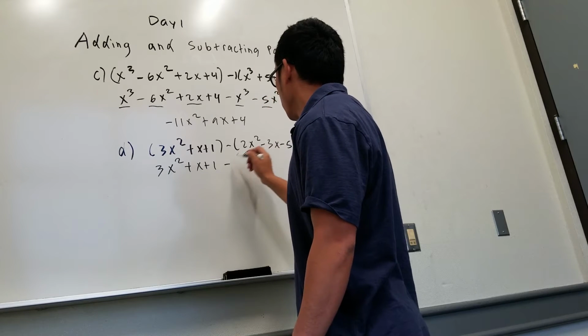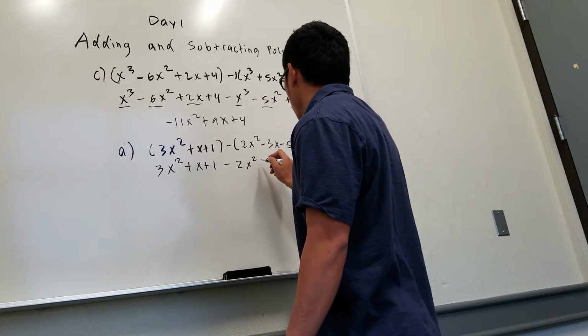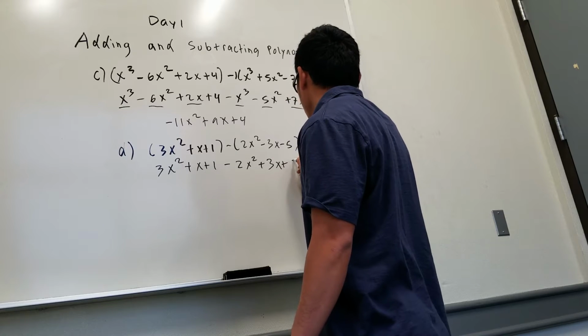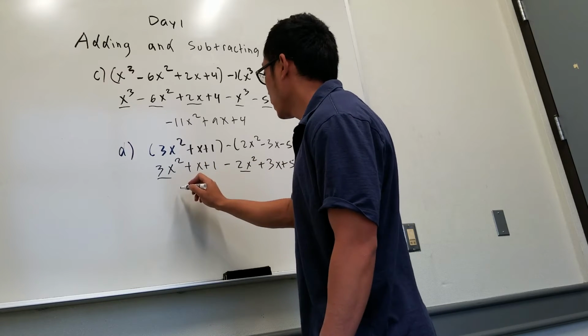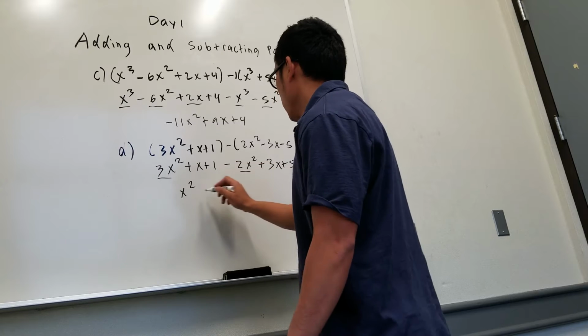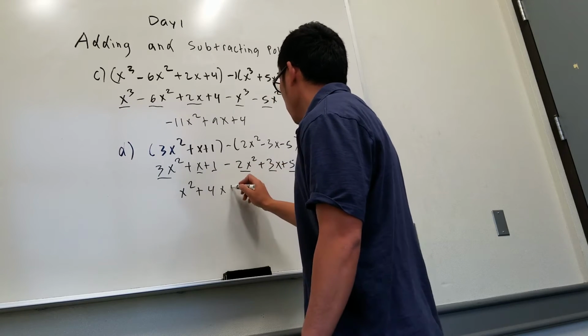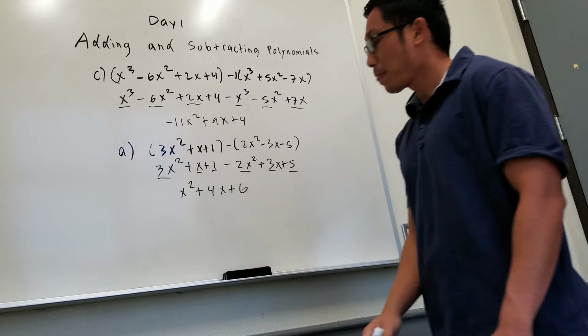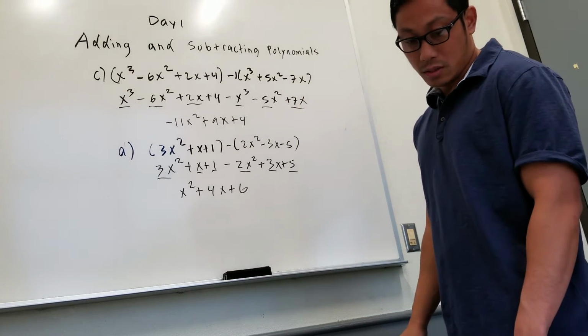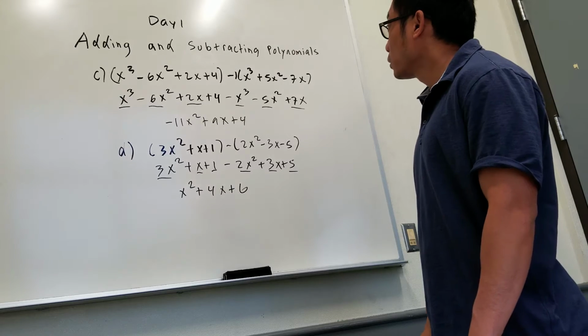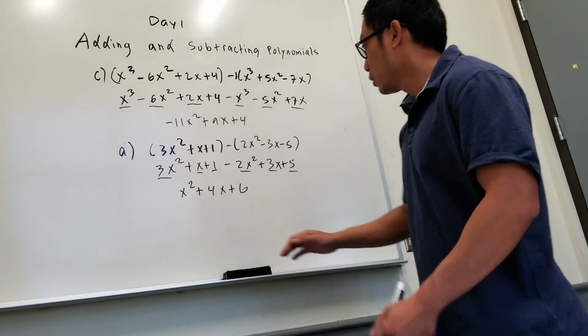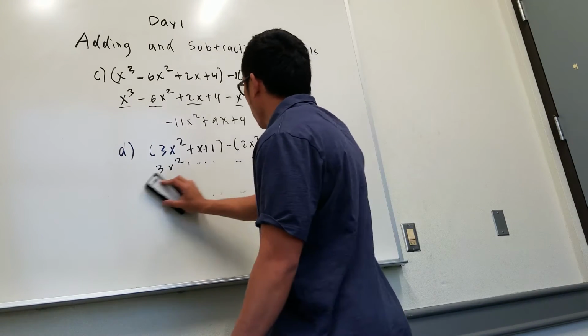Now subtracting, we have negative 2x squared plus 3x plus 5. Combining like terms, you have x squared left, plus x plus 3x is plus 4x, then plus 1 plus 5 is plus 6. That's it. So we just added and subtracted polynomials. Alright, let's go to the next topic.